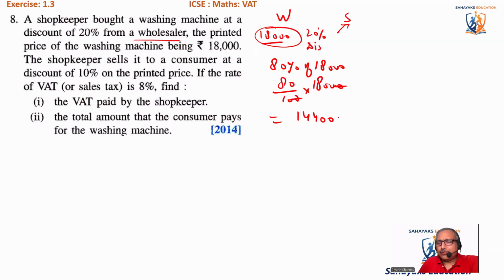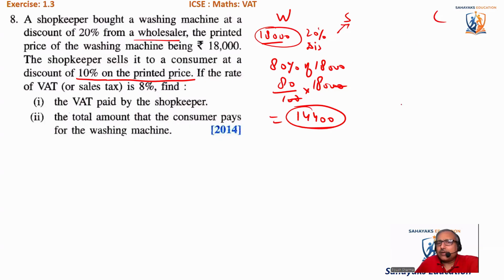So the shopkeeper got this for 14,400. And the shopkeeper sells it to the customer at a discount of 10% of the printed price. Now, the shopkeeper has sold it to the customer. At what price did he sell it? At 90% of 18,000, or you can say a 10% discount on 18,000.